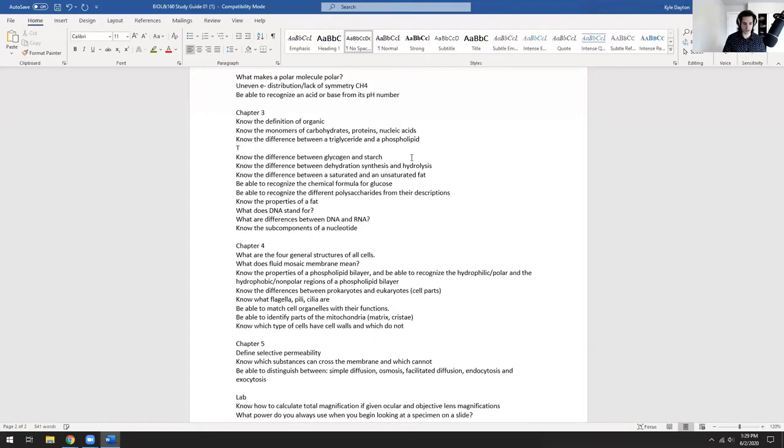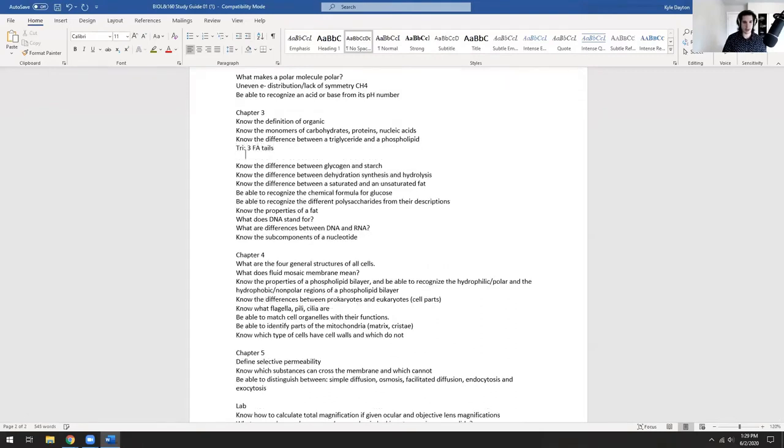So triglyceride, 3 fatty acid tails, and then a phospholipid has 2 fatty acid tails plus a polar choline head. That's what a phospholipid has.